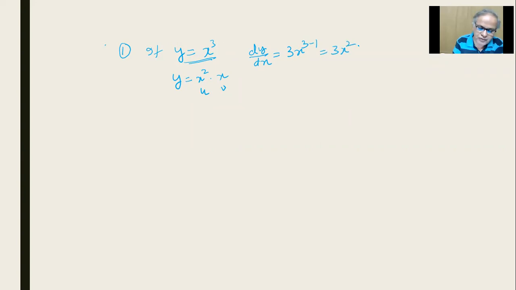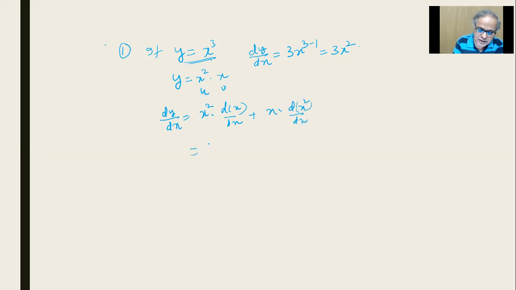Now, I'll get it from the uv formula. So, writing x cube as x square into x, dy by dx equals, since I did not teach you the derivatives of other functions, I'm just doing this. After that, I'll give you a table and we'll go ahead. This is u, children. So, x square into dv by dx, that is d of x by dx, plus x into d of x square by dx.